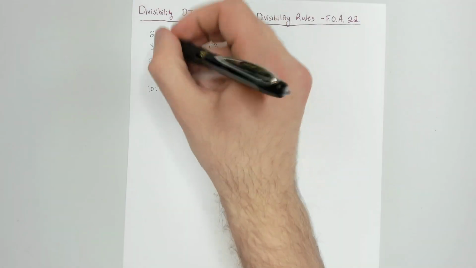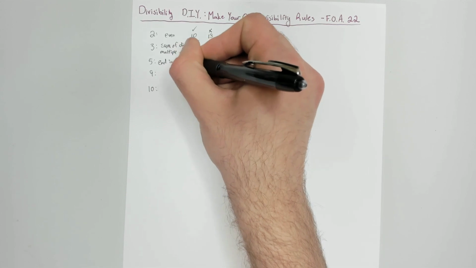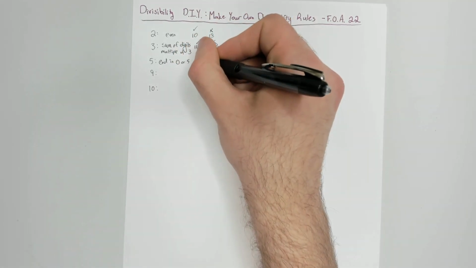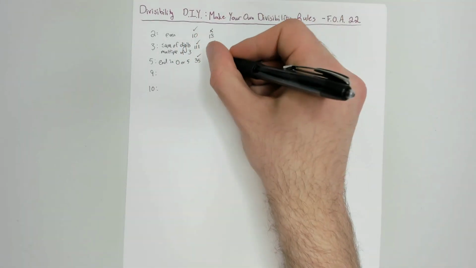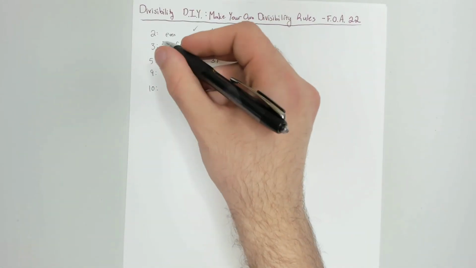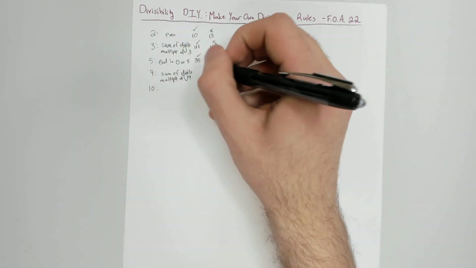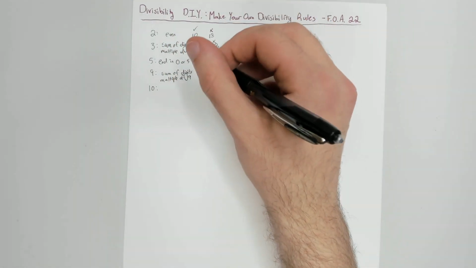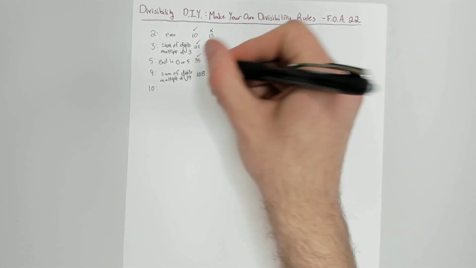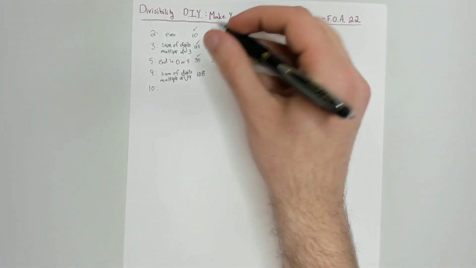For 5, it had to end in a 0 or a 5. So 35 would be a multiple of 5, but 37 would not because it doesn't end in a 5. And for 9, like with 3, the sum of digits had to be a multiple of 9. So, for example, 108 would be divisible by 9 since 1 plus 0 plus 8 is 9, which is a multiple of 9.